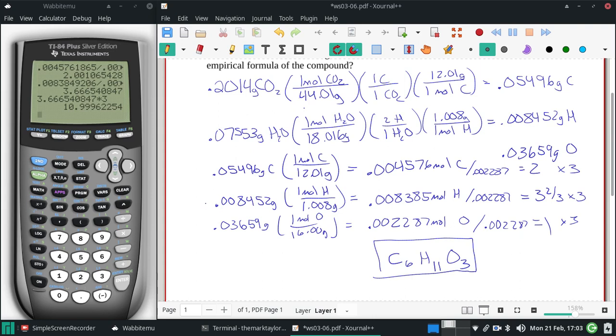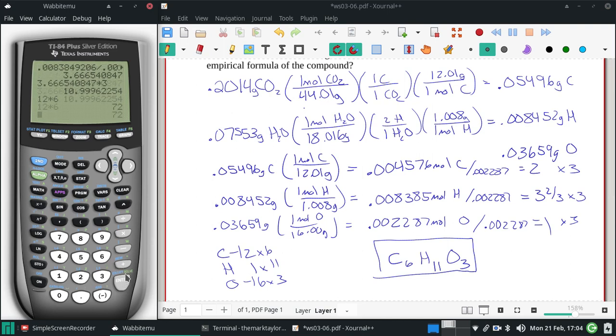Now, if I wanted the molecular formula, I figure out what this would weigh, just roughly. It's 12 times 6 for the carbons, plus 16 times 3 for the oxygens, plus 11 for the hydrogens, gives me 131.